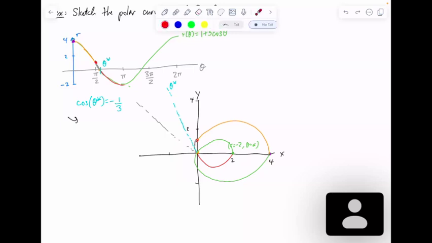Then instead of going 1 away in this direction, you want to extend this ray backwards and take 1 away in that direction. And that's going to get you on this portion of the curve.